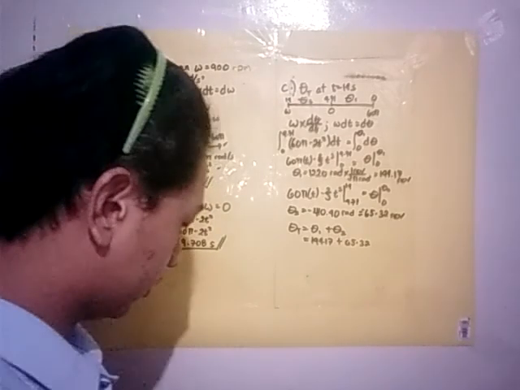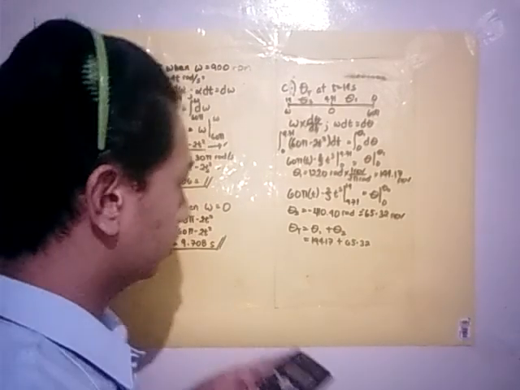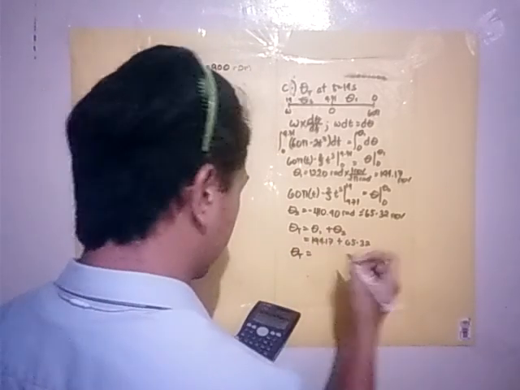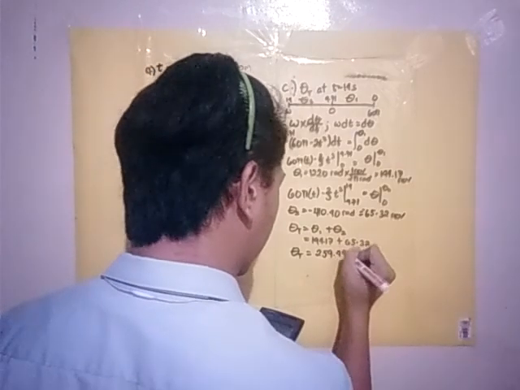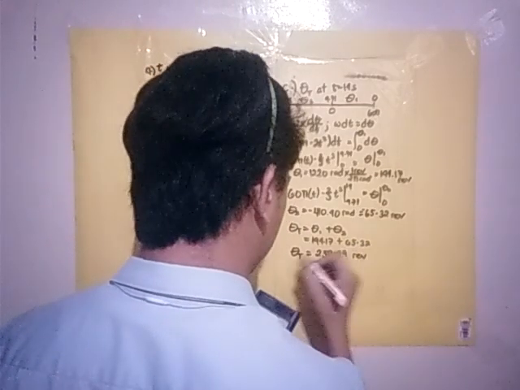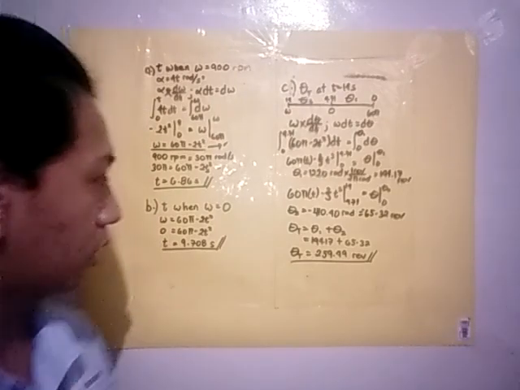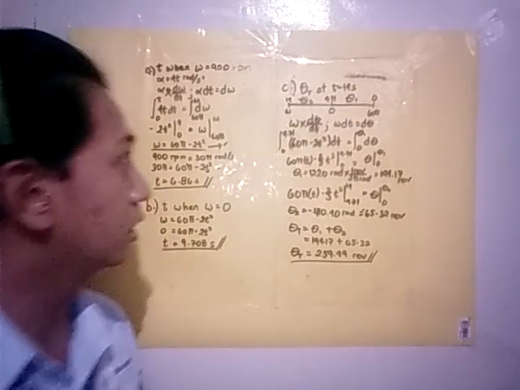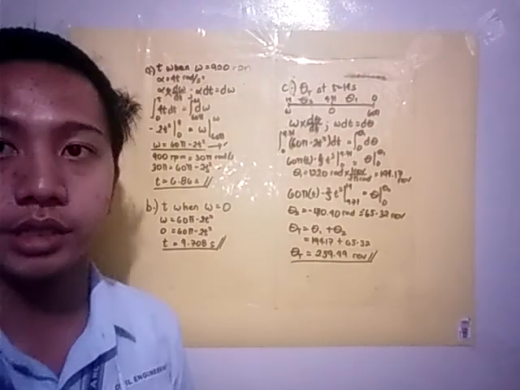So 194.17 plus 65.32 is 259.49 revolutions. So approximately 259 revolutions will happen within 14 seconds.